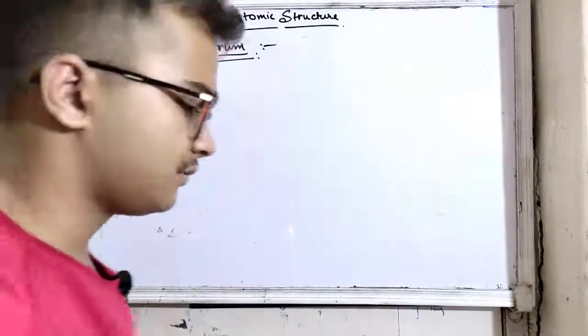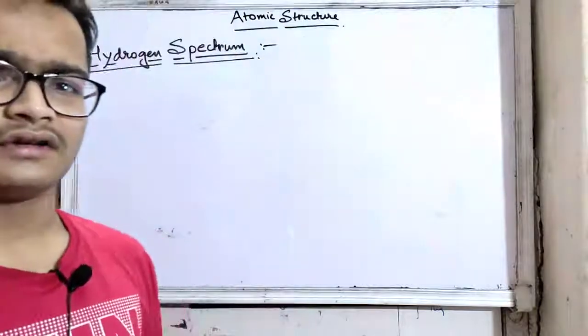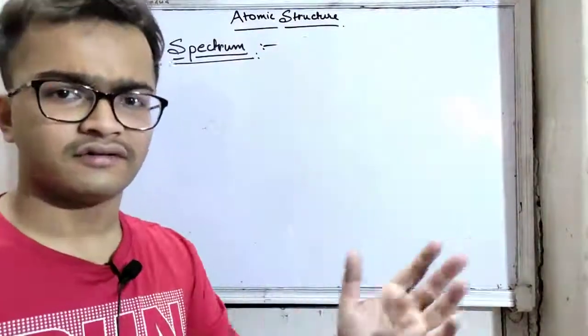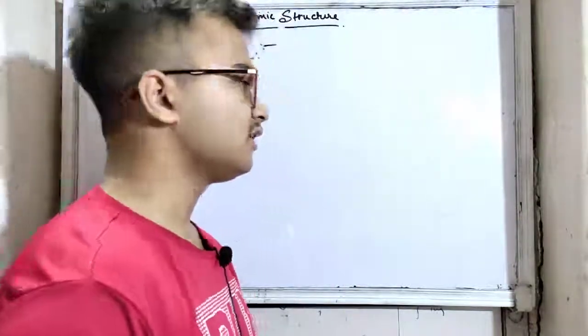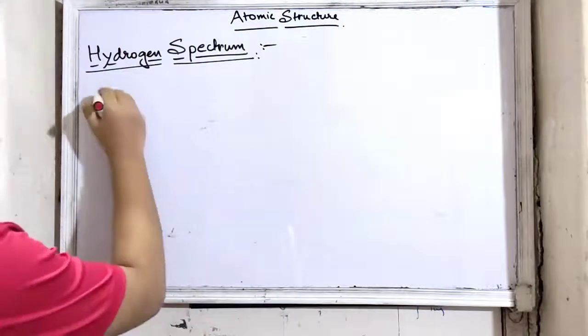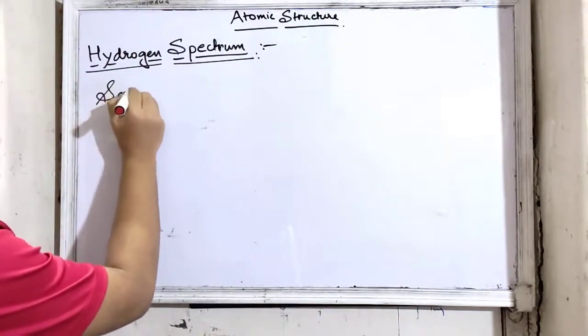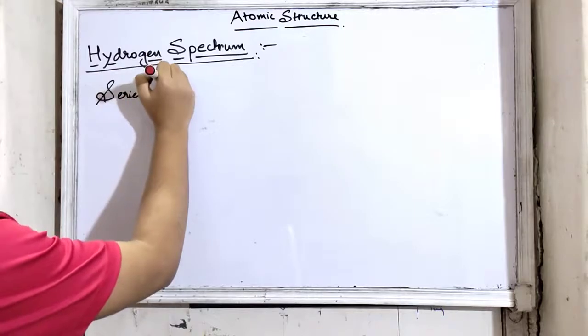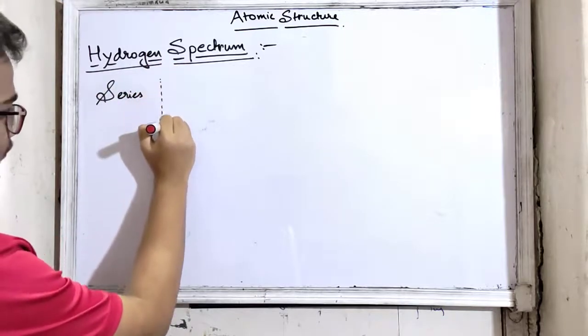Now here you can determine the number of bands or the number of lines or spectra which is generated. So before that, let's know the series. Okay, so give the heading series. Now a line.